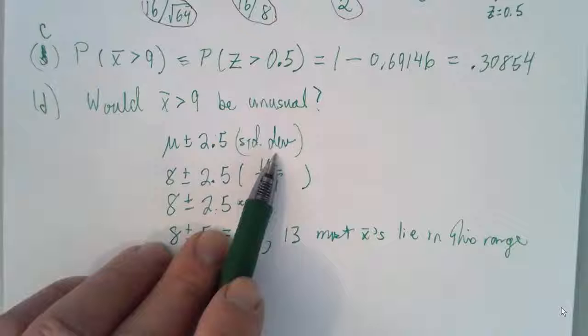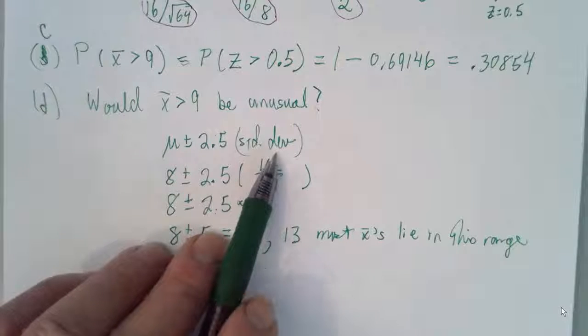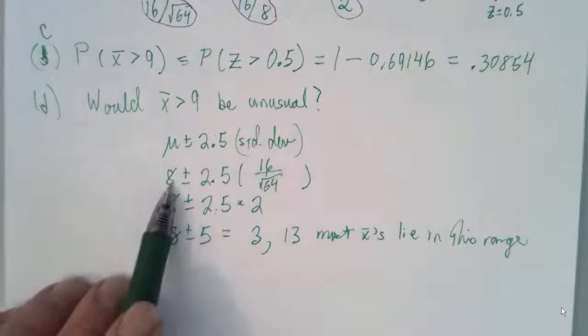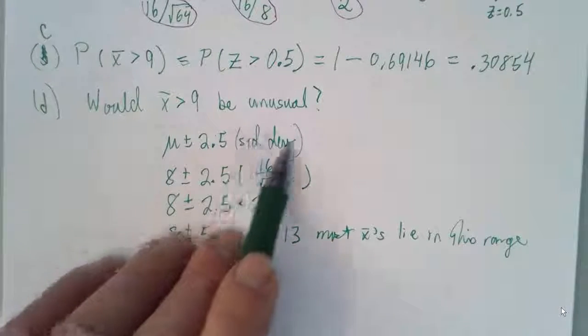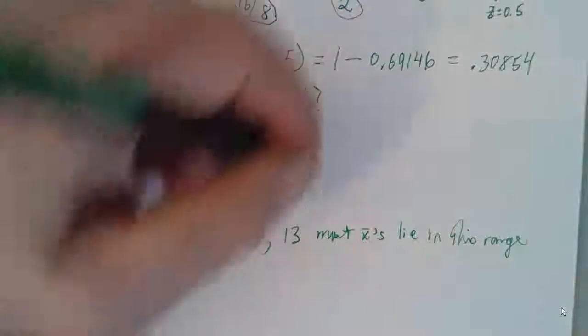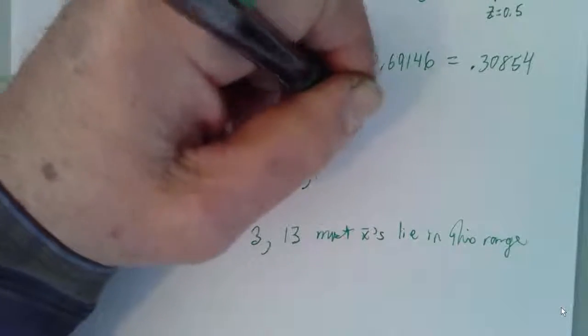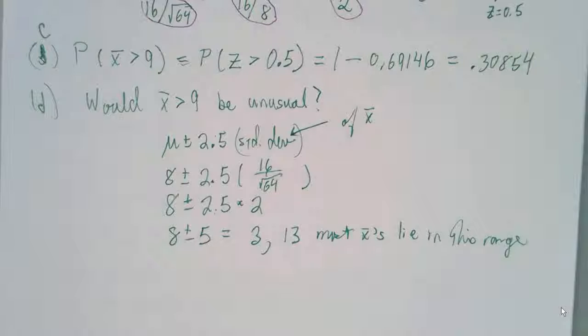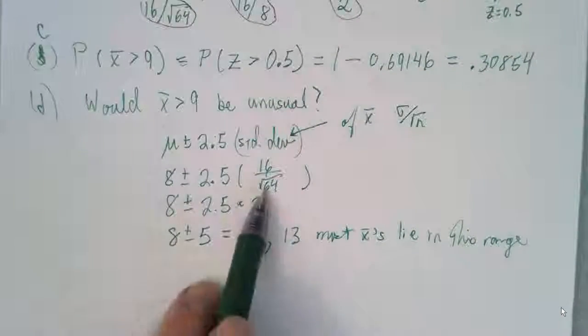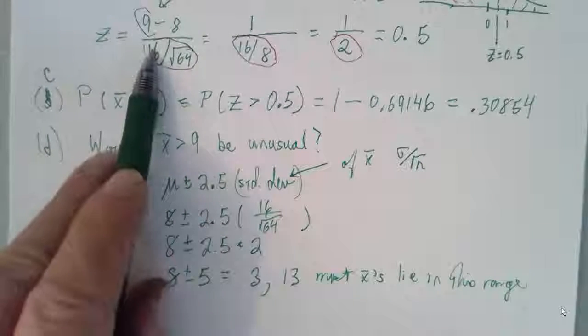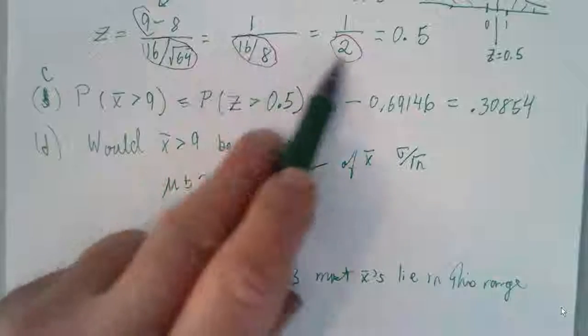Well, the mean of the x bars we know is 8.2.5, we just copy here, and then we want the standard deviations, but these are the standard deviations of x bar, not of the original population x. Well, we know the standard error of that. It's sigma over root n, and that's what goes in right here. Of course, we've already done that, right? That is sigma over root n right there, and we've already simplified that.